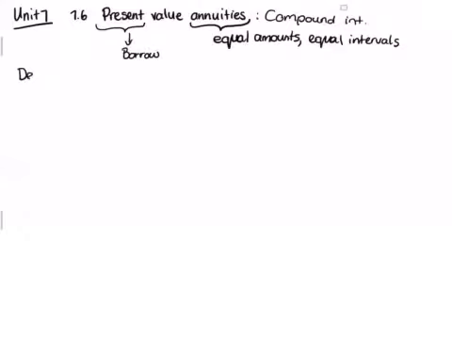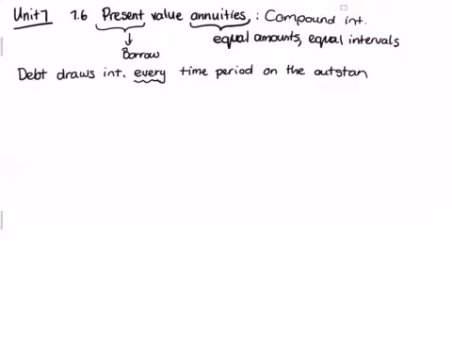If you borrow money and it's compound interest, your debt draws interest every time period. In other words, if your interest is compounded monthly, then it draws interest every month on what? The outstanding balance at that time.